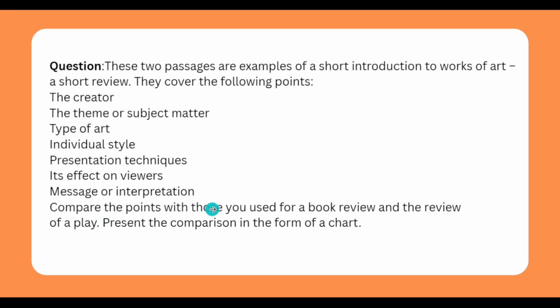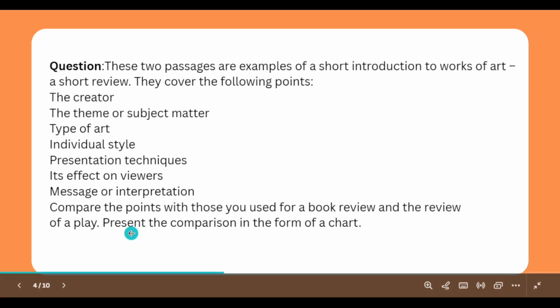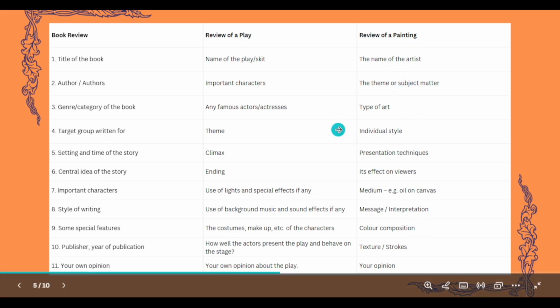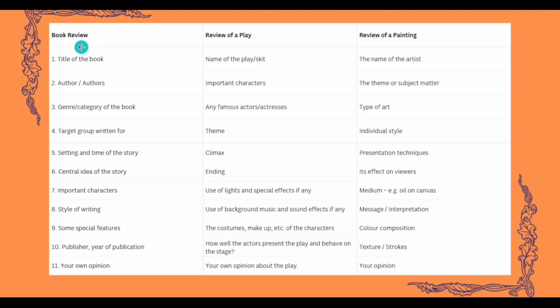Compare the points with those you used for a book review and the review of a play. Present the comparison in the form of a chart. See the review of a painting. All these points are already given. On the basis of these points, we will be writing the review of a play as well as the book review. You can read the chart.